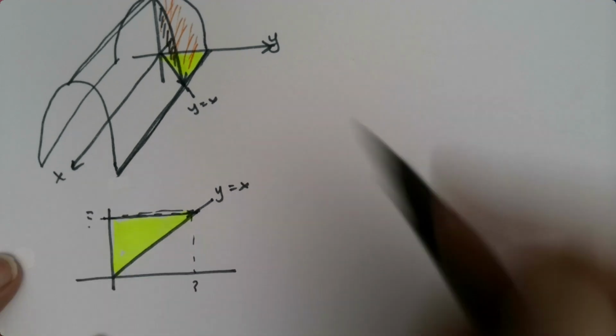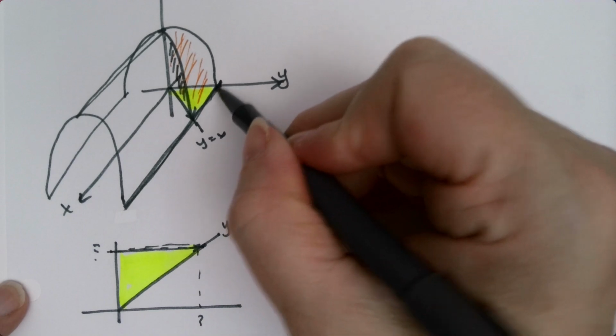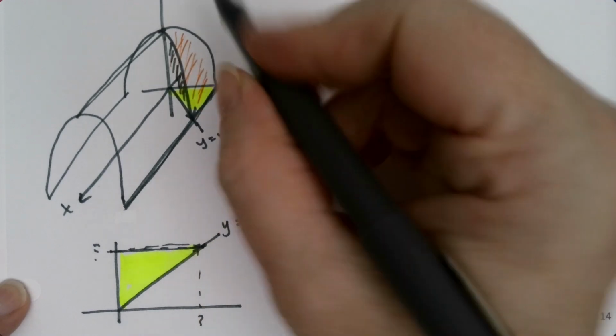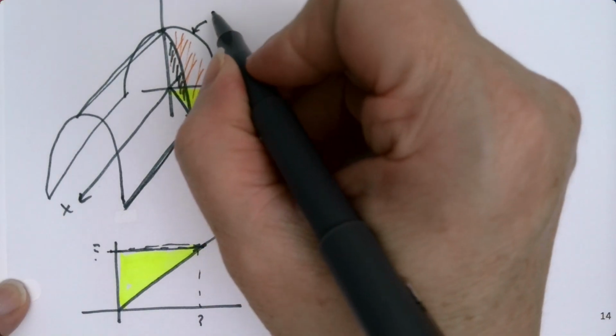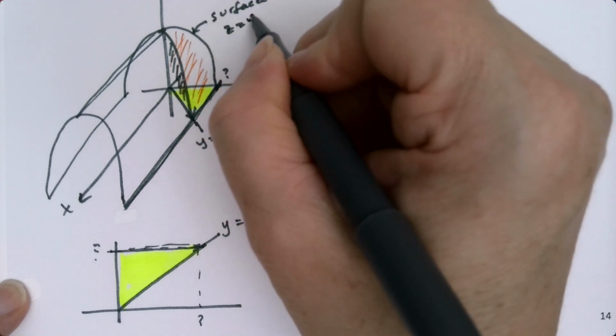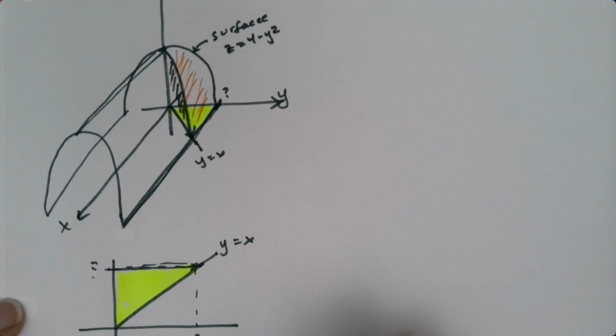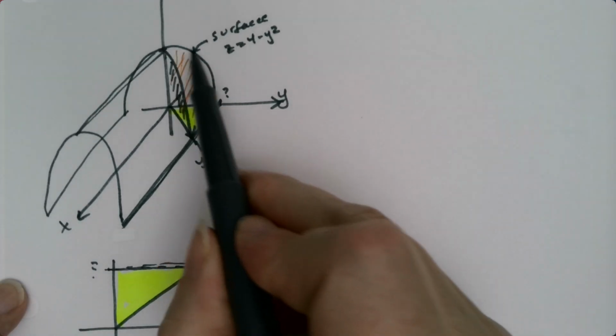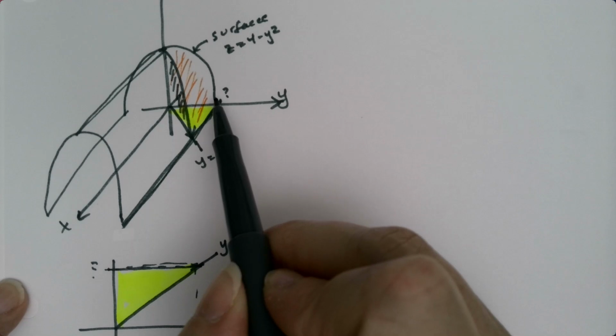Now, to figure out that value, it's this same value right here, right? So remember that this surface is z equals 4 minus y squared. So 4 minus y squared would hit the y-axis, right? Z equals 0.